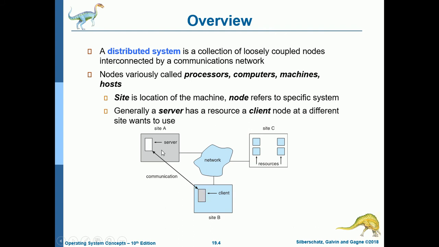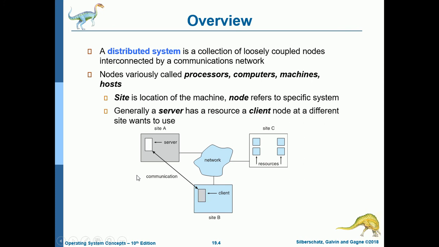As you can see here, in site A we have the server, in site C we have the resources, and in site B we have the client. By means of distributed systems, they can connect through the network. For example, the client can request services from the server and can also use the resources even though they are at different sites or locations.